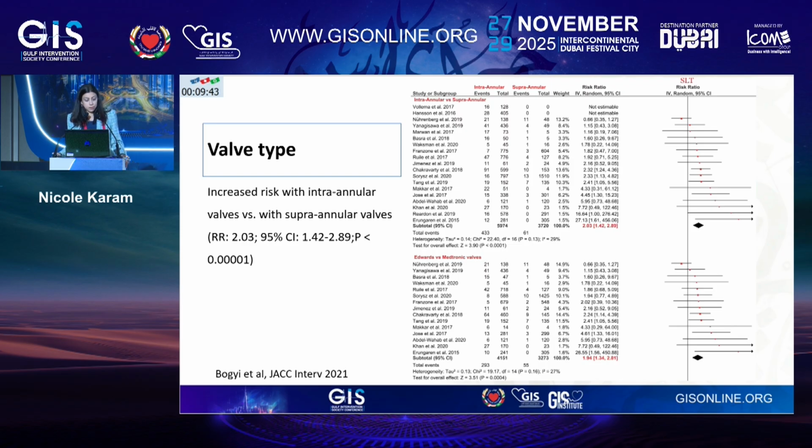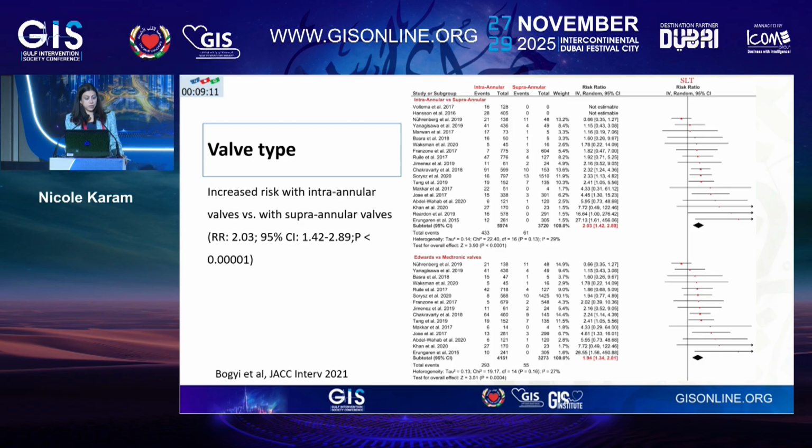So the valve type: if you look at this meta-analysis that was performed in 2021 that included more than 50 different studies, we see that obviously intra-annular versus supra-annular valves, there's an increased risk when we are working on intra-annular valves, and the relative risk is almost twice. So if we go specifically to Edwards versus Medtronic, then we see that obviously with Edwards we'll see more HALT in those patients, SLT all over.